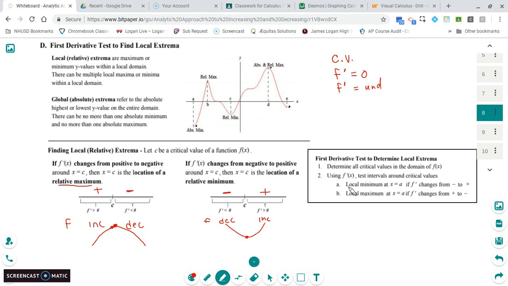There's a local minimum at that critical value c if the first derivative changes from negative to positive. There's a local maximum if the first derivative changes from positive to negative. All right, so that is a summary of the first derivative test to find local extrema.